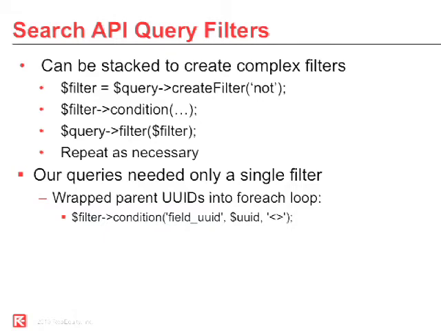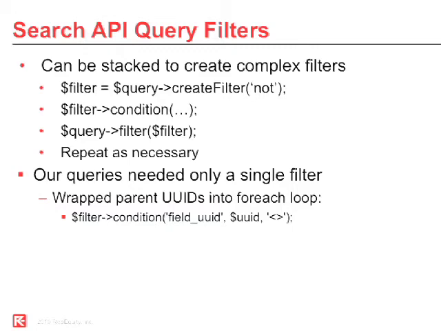So here, if you take a look at what we've got, the filter query, create filter, and then we've got a new filter object that we can work with, and then you eventually merge it back into the main Search API query. And if you were to look at the actual output of that, it's just going to look like a Lucene query that has all of your Boolean functions and what have you built into it.